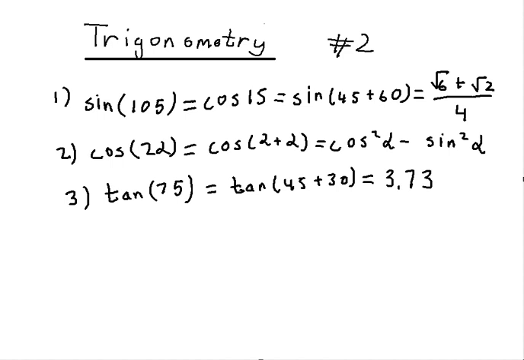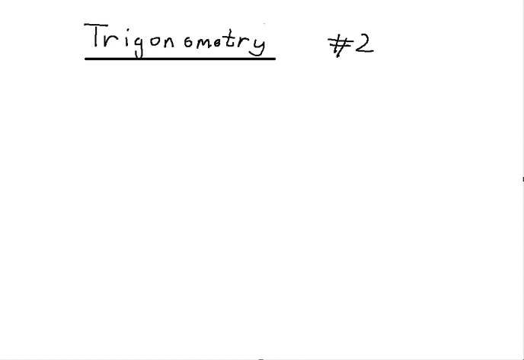So next we will be seeing some interesting concepts that stem from this but are very useful for trigonometric problems. The first concept we're going to be looking at is finding the maximum or minimum value of a trigonometric expression.